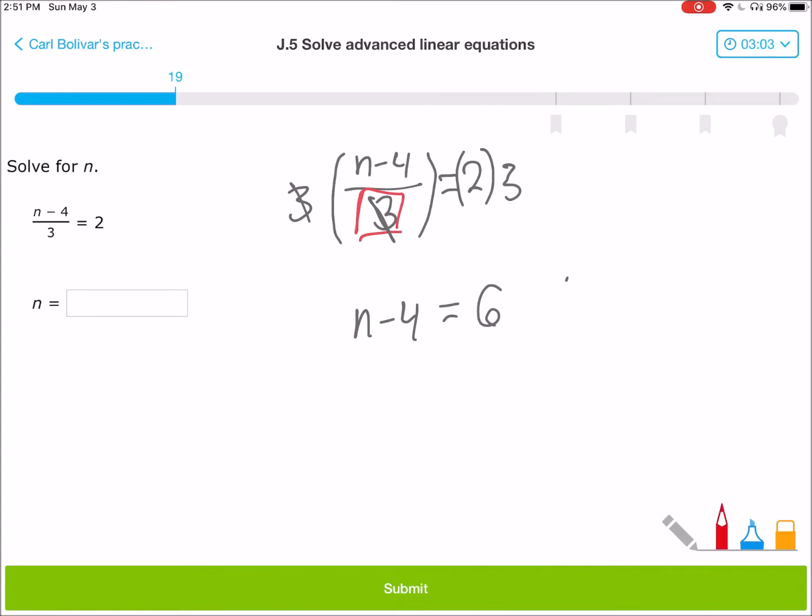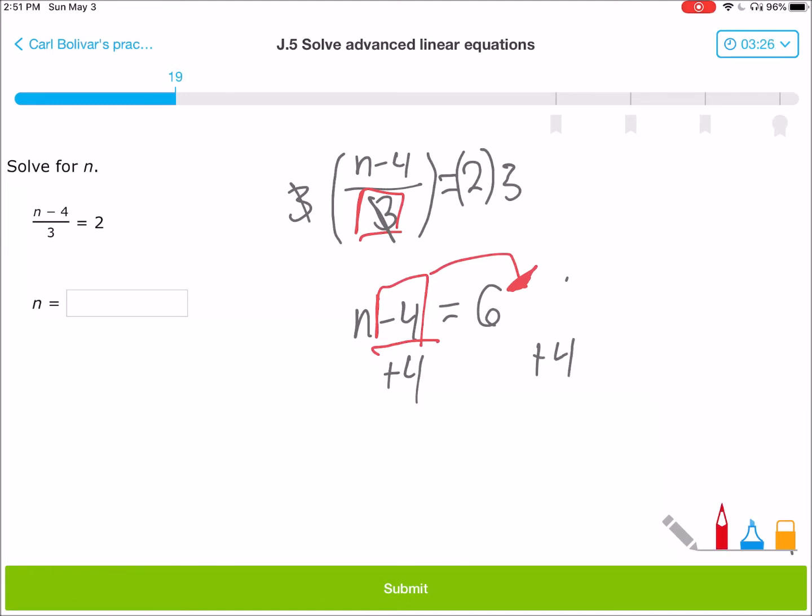What I'm going to do now is take this number and put it to the other side. Let's first write out what we're going to do. We're going to add 4 to each side.